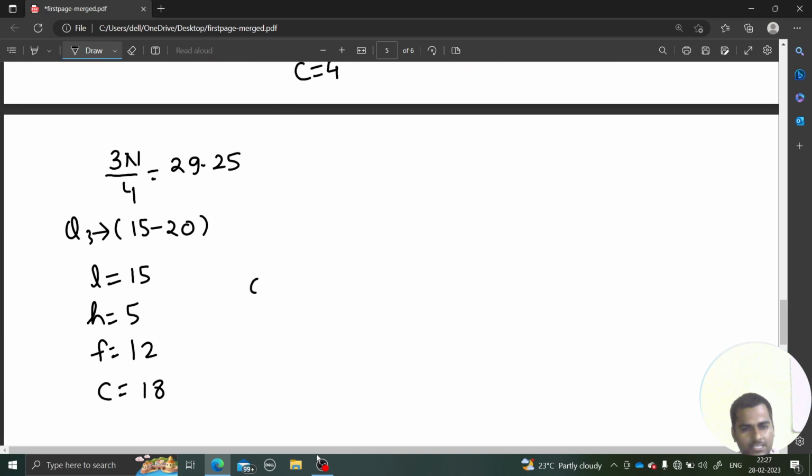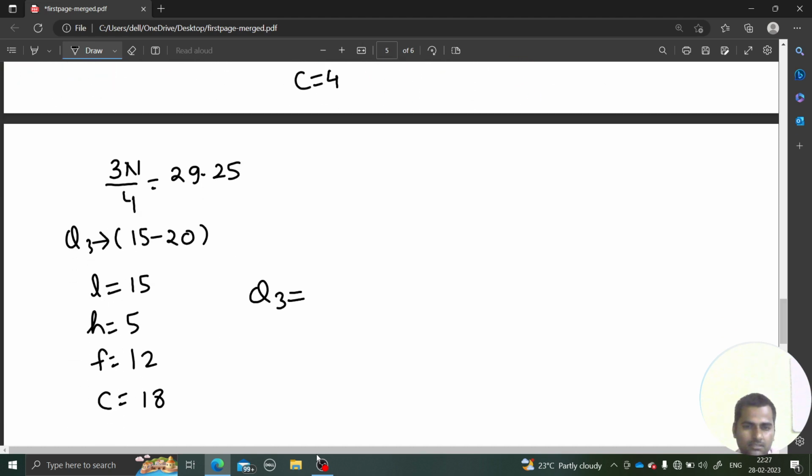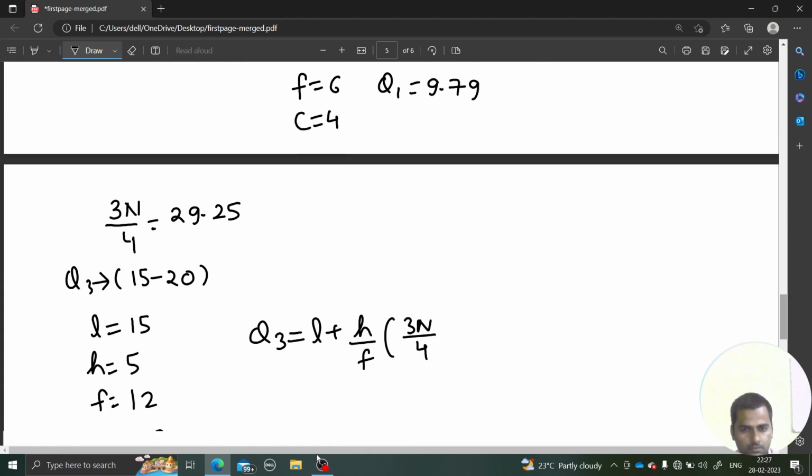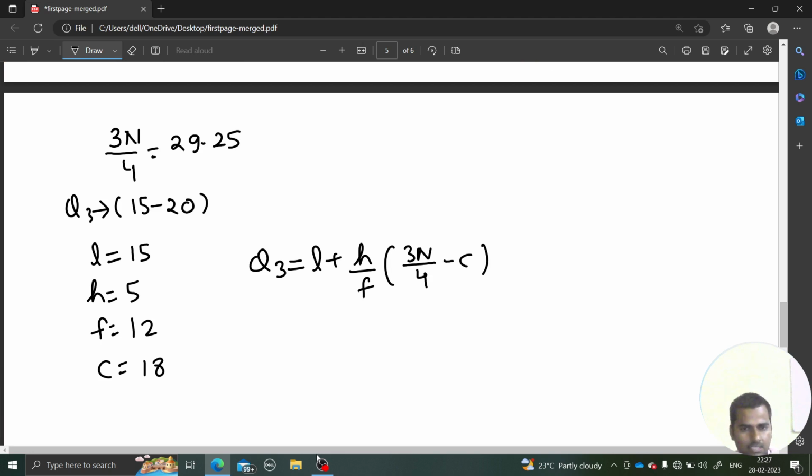And once you have got these values, you can easily find Q3 as L plus h by f times 3n by 4 minus C. So L is 15 plus 5 by 12, 3n by 4 is 29.25, minus C is 18.